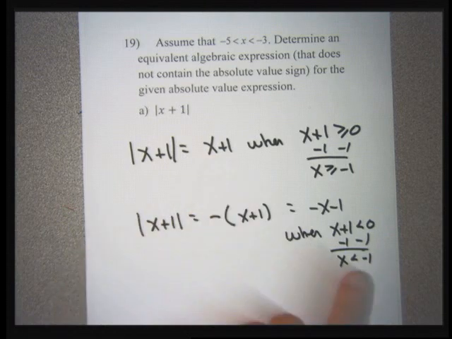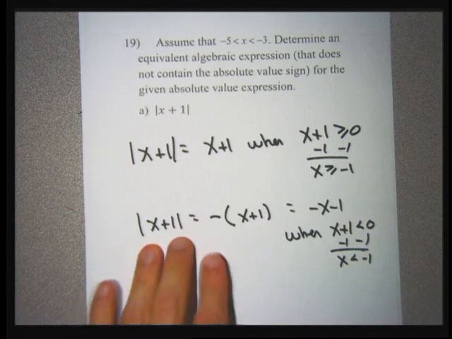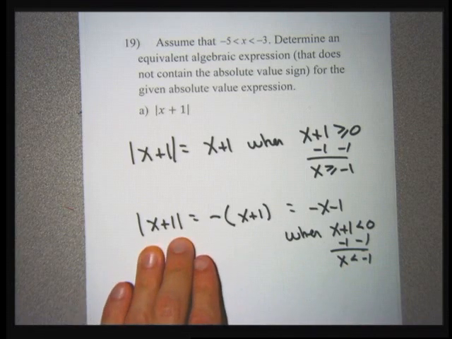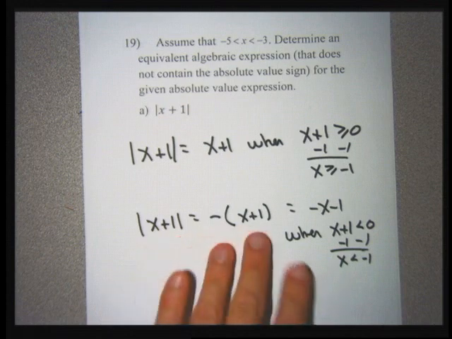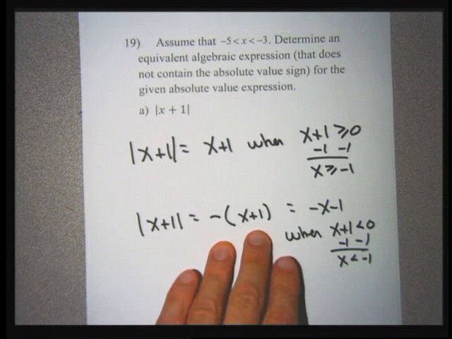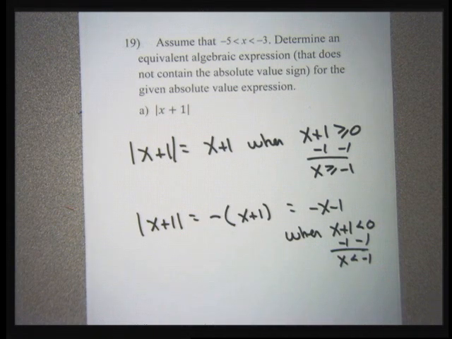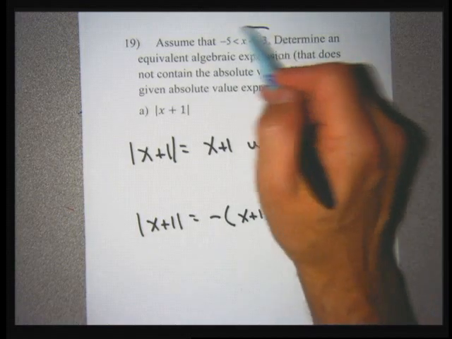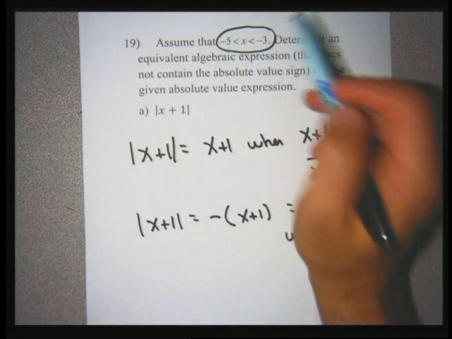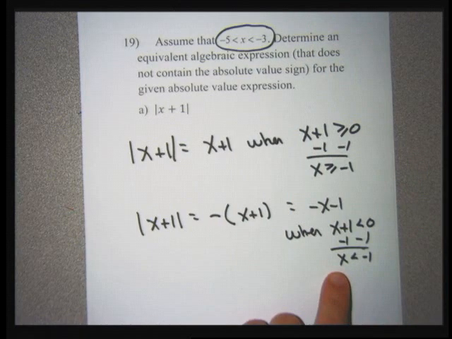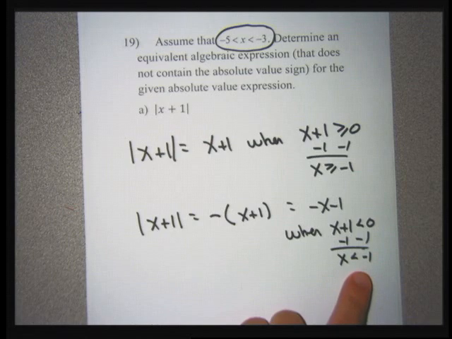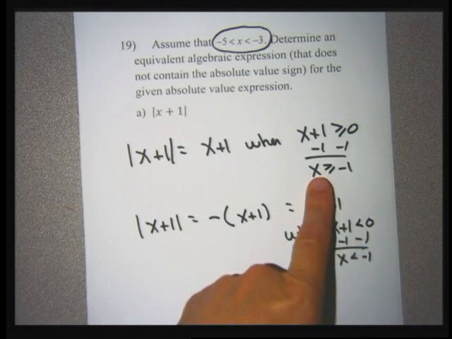But if x represents a number less than negative 1, then this is holding the place for a negative number, and to drop the absolute value, I need to find its opposite. If I look at the problem write-up, I'm told that this x is holding the place of any number between negative 5 and negative 3, and the numbers between negative 5 and negative 3 aren't bigger than negative 1.